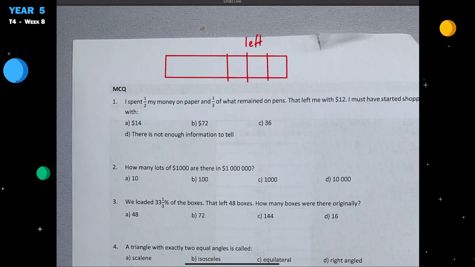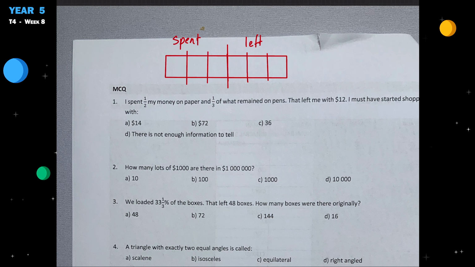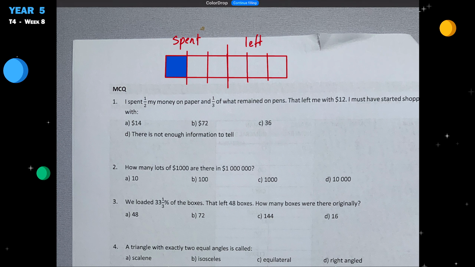Well, for the one that's been spent, this is the spent part. Let's divide that into 3 as well. Not the best looking lines in the world, but it'll do. Okay, so what happened here is you spent all of that, all of that, all of that.